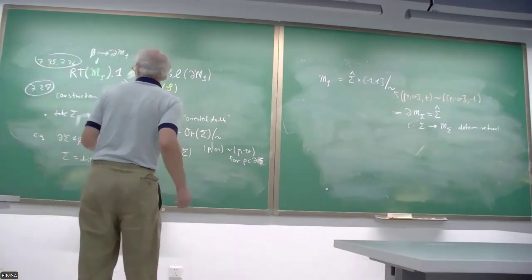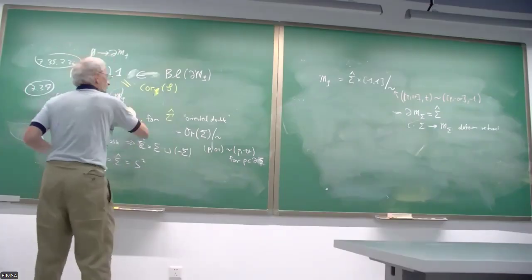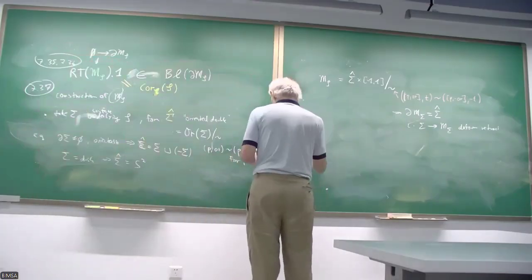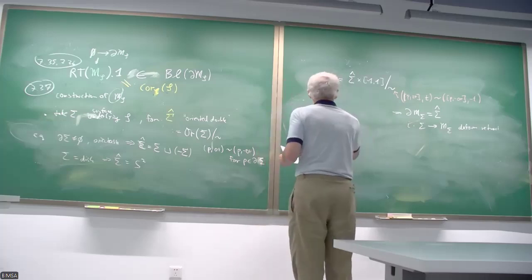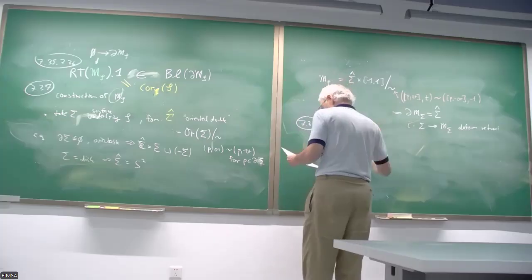So this is the three manifold M, and now the ribbon graph. And this will take longer, but I hope I can cover various aspects of it.